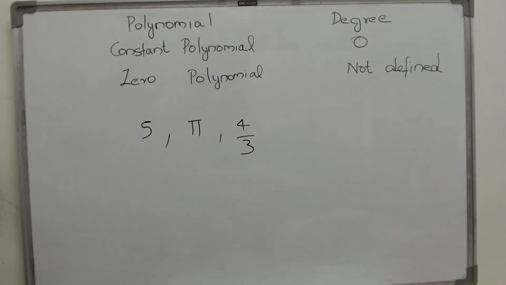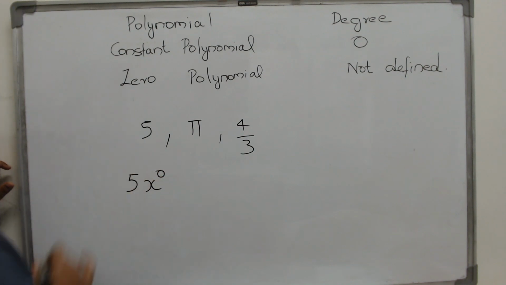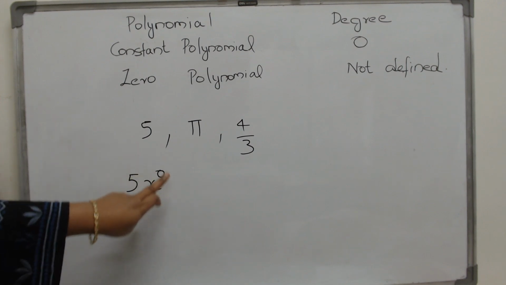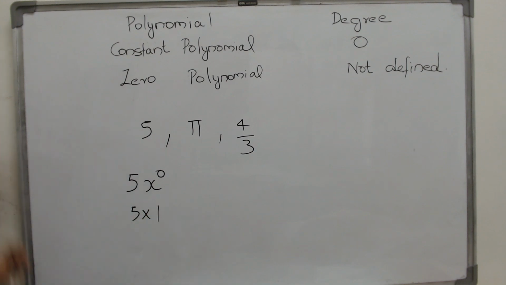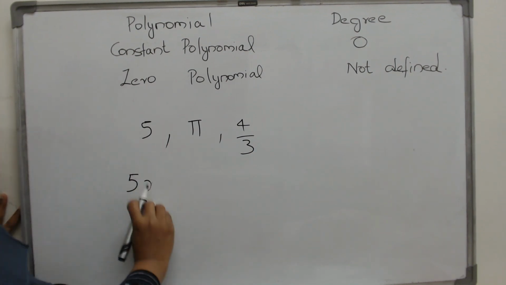Are they polynomials? Yes. And what can be their degree? You see a 5, but what is it actually? It is 5x raised to 0 because x raised to 0 is 1. So it is actually 5 into 1. We just don't bother writing it. It is there. You just don't see it.